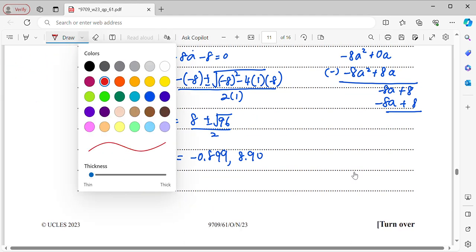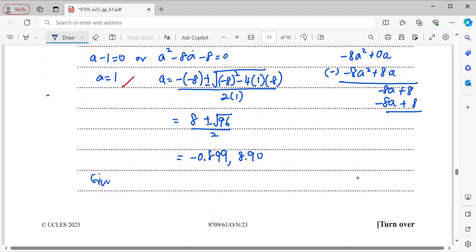So then you here just write given a is between 0 and 6 and a basically is between 0 and 2. Okay, basically like this. Alright, given 0 and 2. Okay, therefore, or hence, my a is going to be 1. So that's the solution of this question.